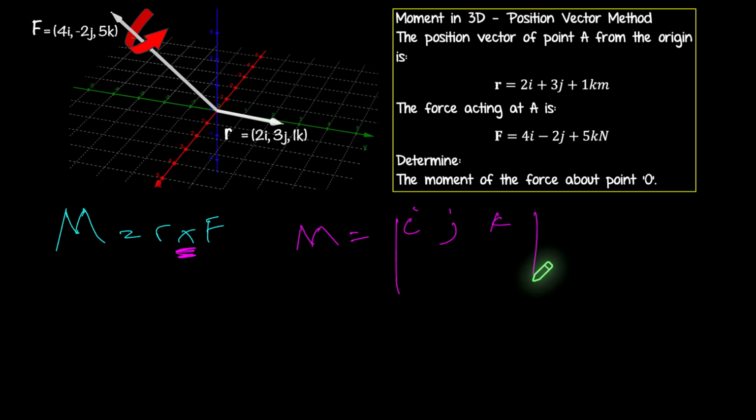For our position vector R we have 2i plus 3j plus 1k, so we simply write the coefficients of i, j, and k: 2, 3, and 1. Then for the force, you can see here we have 4, -2, and 5, so we write those in the same order.